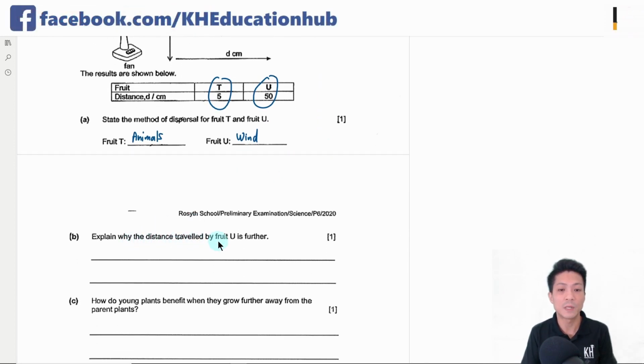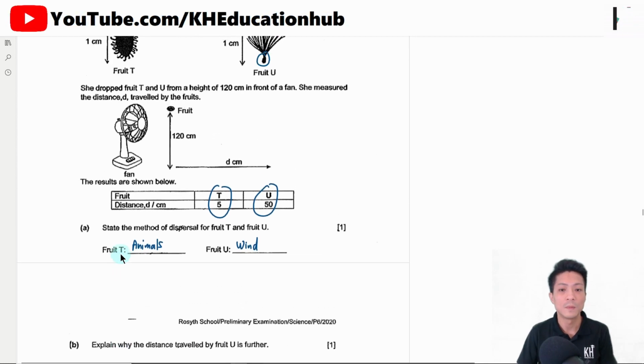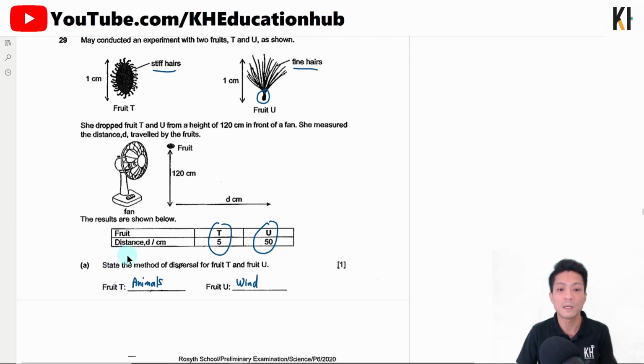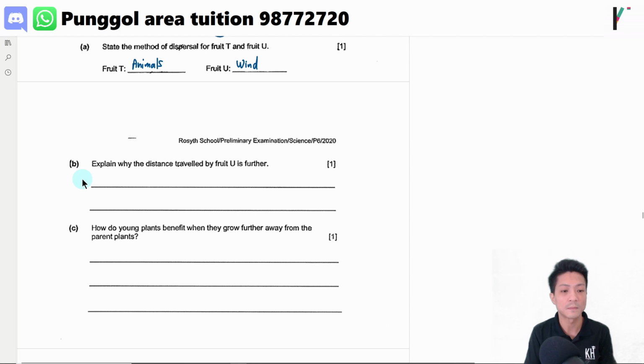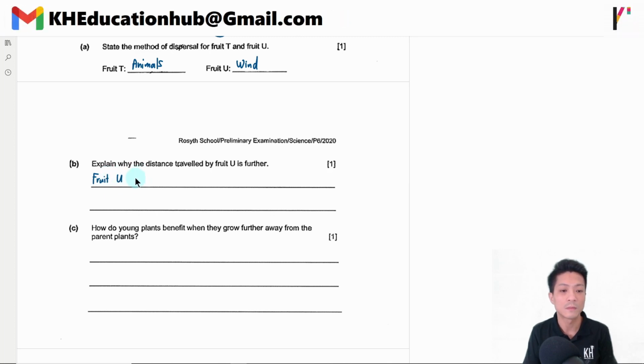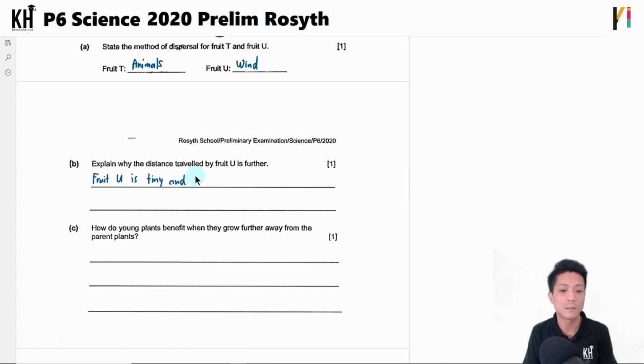Explain why the distance traveled by fruit U is further. In this case, we can talk about the fine hair and the fact that fruit U looks tiny and lightweight. So fruit U is tiny and light.